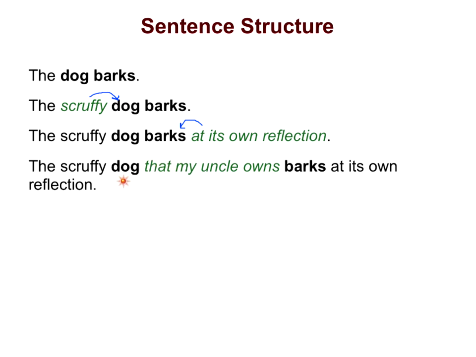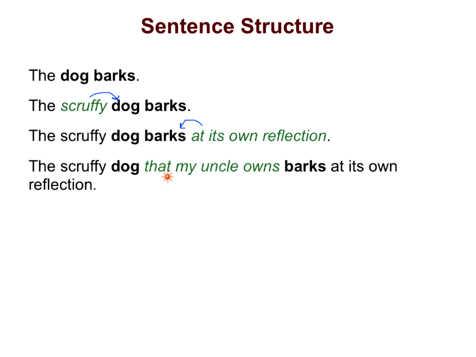So maybe there are two scruffy dogs sitting in front of us right now. And I want to indicate to you, oh, the scruffy dog, the one that my uncle owns, not the other one, that one. That scruffy dog barks at his own reflection. So in that case, it would be essential to the meaning of the sentence because otherwise you wouldn't know which scruffy dog I was talking about.